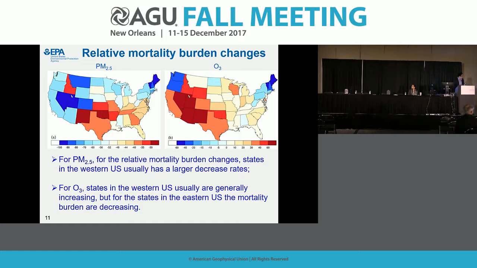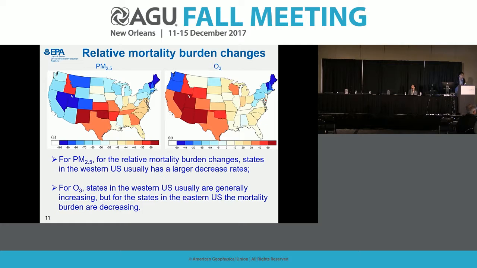You can see that I use the same color bar, but they have different legends. For PM, all the PM-related mortality burdens have been decreasing across the US. So the colors in blue mean the decreasing trend is relatively larger, and the colors in red mean the PM burden changes are relatively smaller.